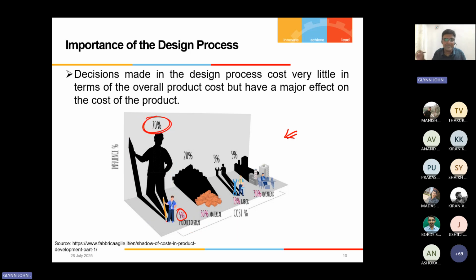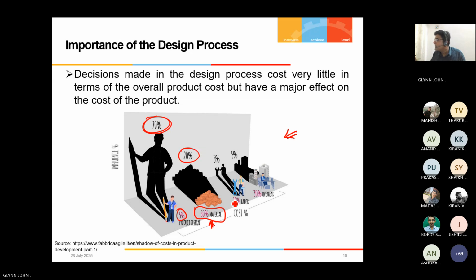That means if you make one mistake during the design process, it's going to have a very big effect, and it's going to be very difficult to solve, right? Again, if you see material, it is about 50% of the cost, but the impact is very small.